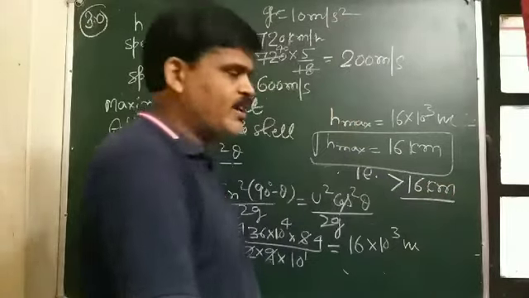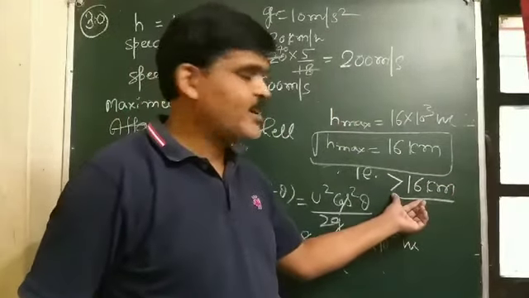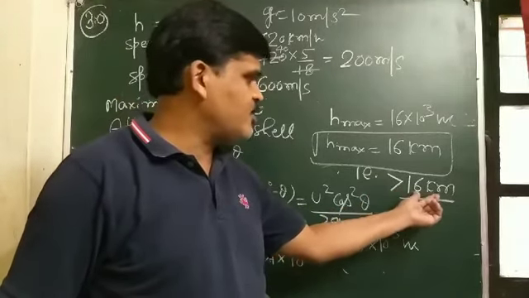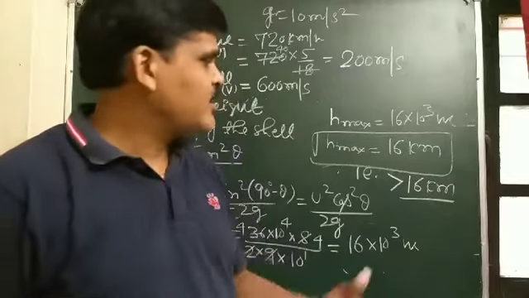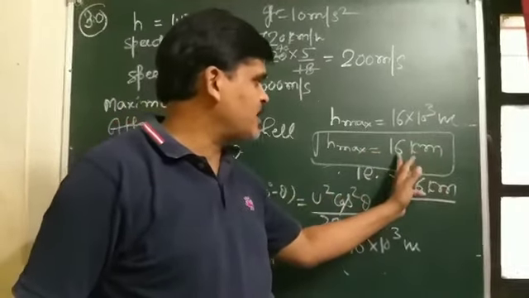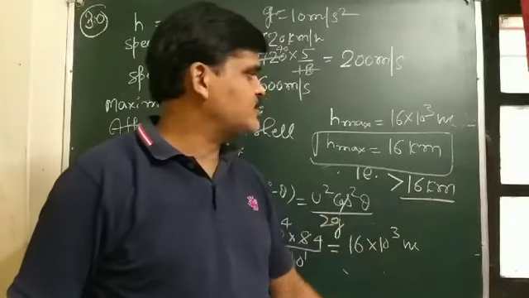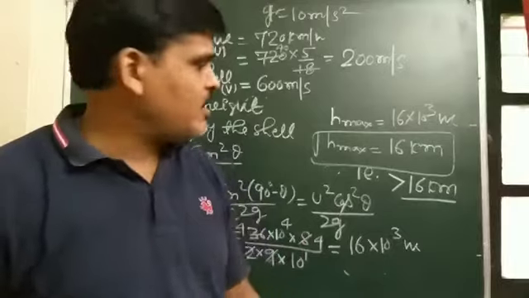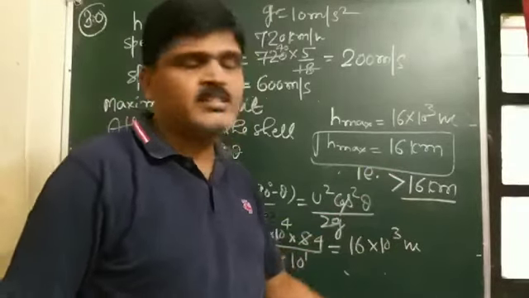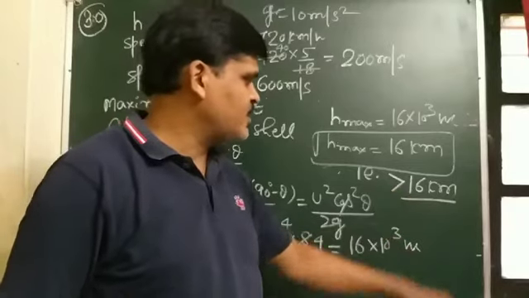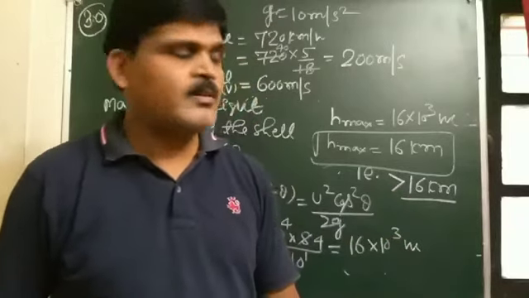So if the pilot flies the plane at a height greater than 16 kilometer, then the shell, which reaches a maximum height of about 16 kilometer, will not hit the plane. This is the answer, that is, height should be greater than 16 kilometer.